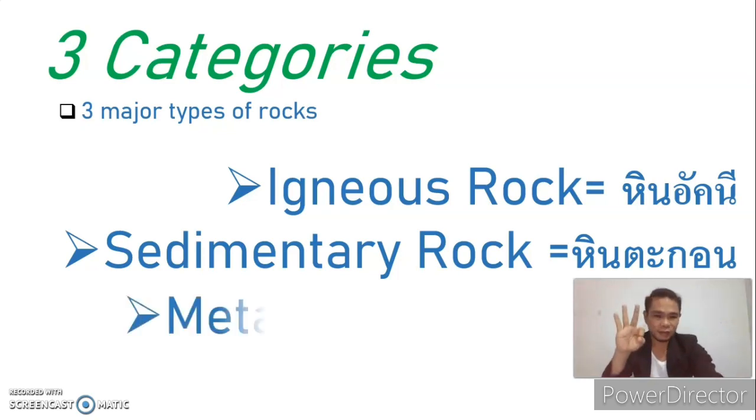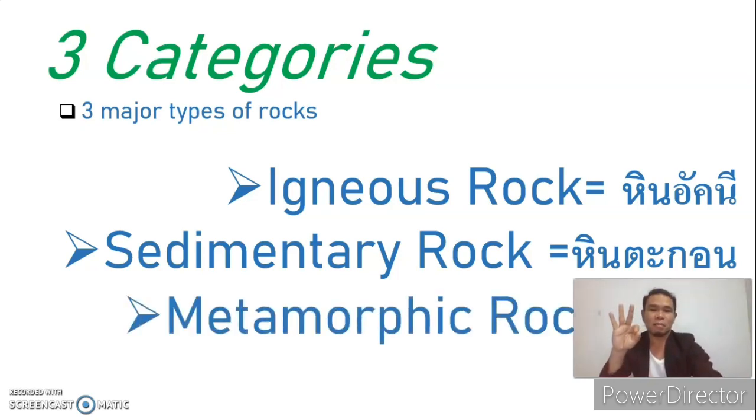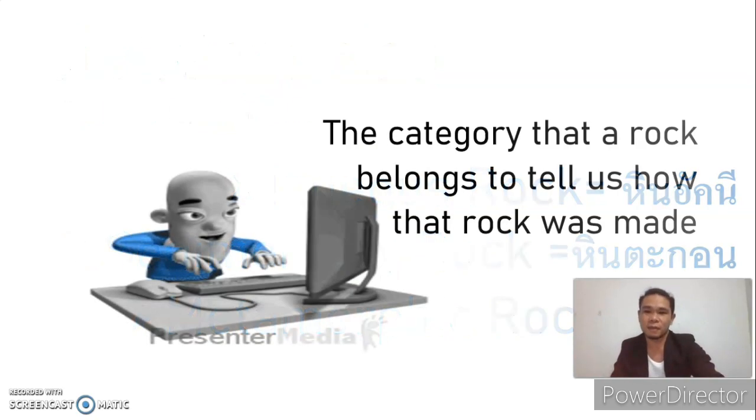Number three, metamorphic rock. So the three categories of rocks. The first one is igneous rock. The second one is sedimentary rock. And the third one is metamorphic rock. Okay, very good.